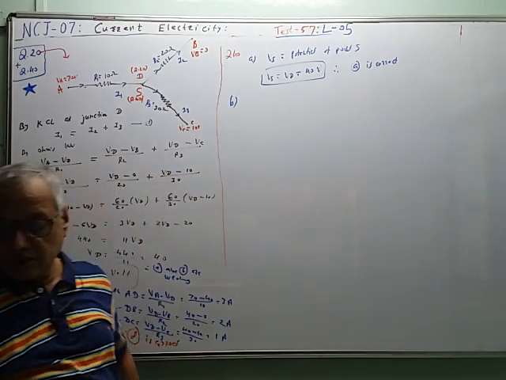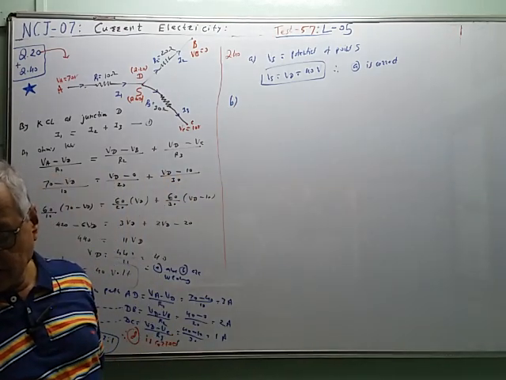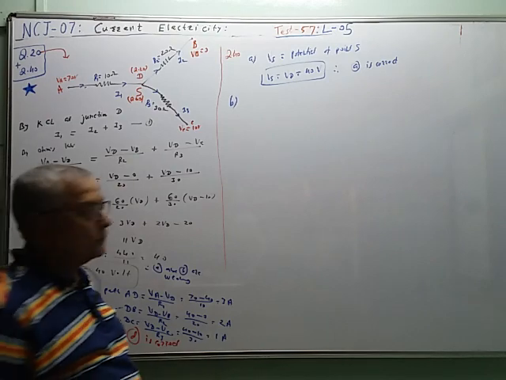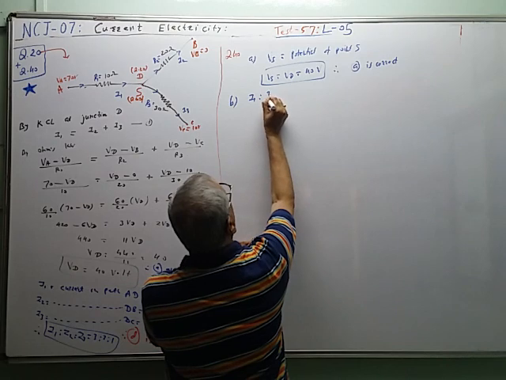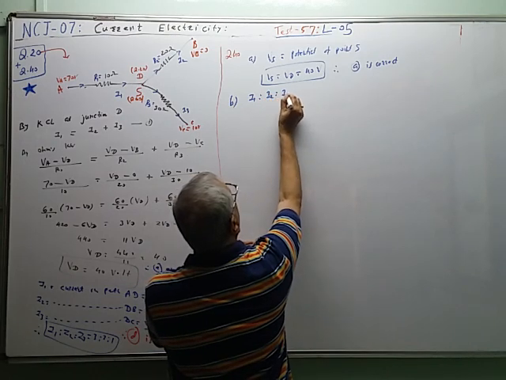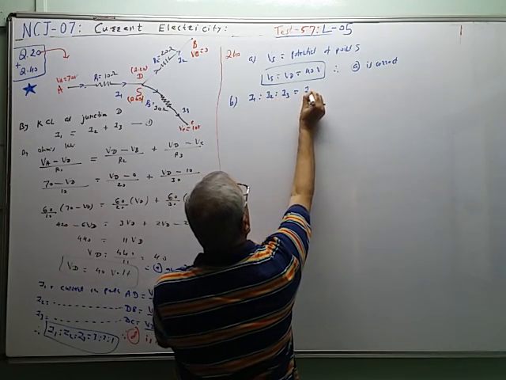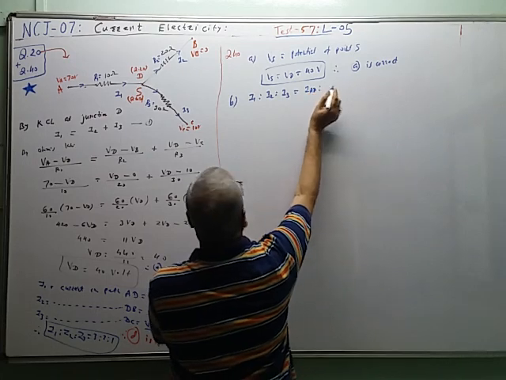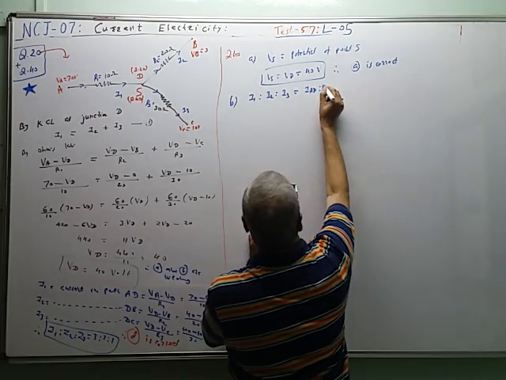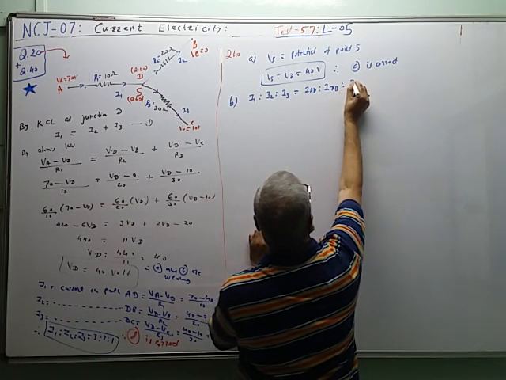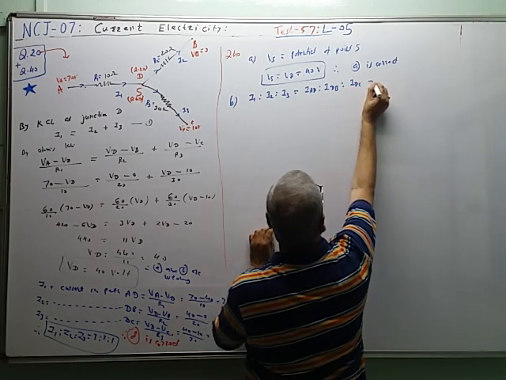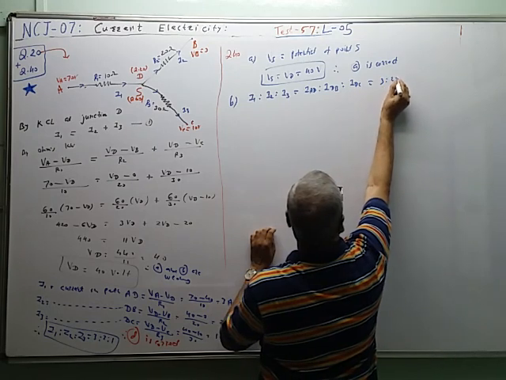Now, what is the B choice? The currents are in the ratio 3:2:1. So, I1, I2, I3 is equal to IAD, IDB, IDC is equal to 3:2:1.